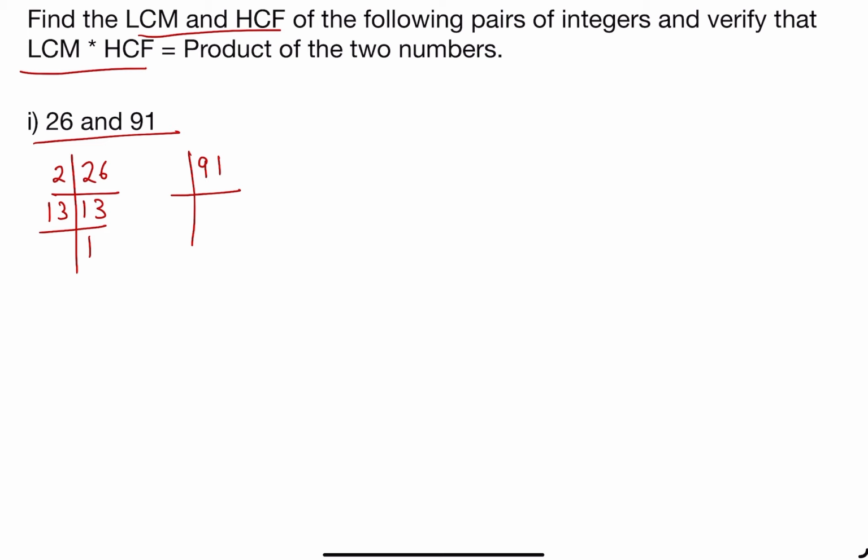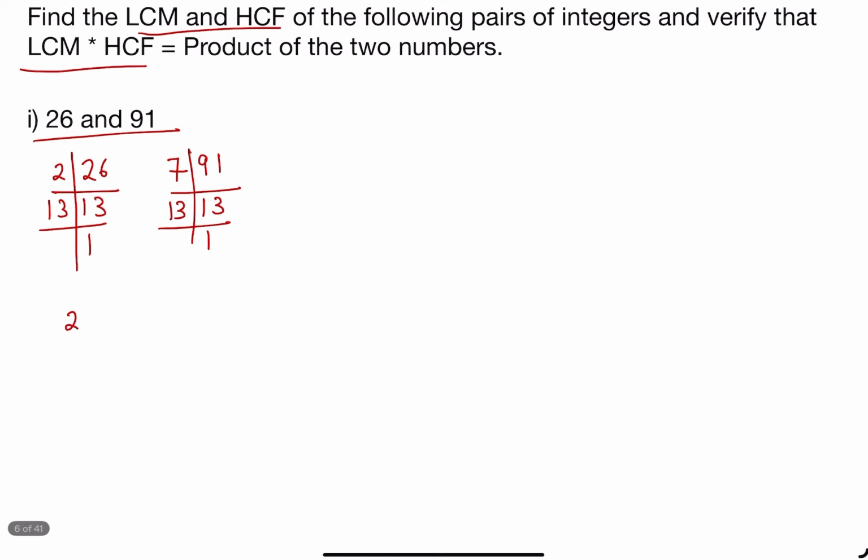Then 5, the unit digit is 1, so we cannot divide it by 5. So 7. Next number is 7. We already know 13 sevens are 91. So it will go by 13, and 13 is a prime number. So prime factors of 26 is equal to 2 into 13 and prime factors of 91 is equal to 7 into 13.